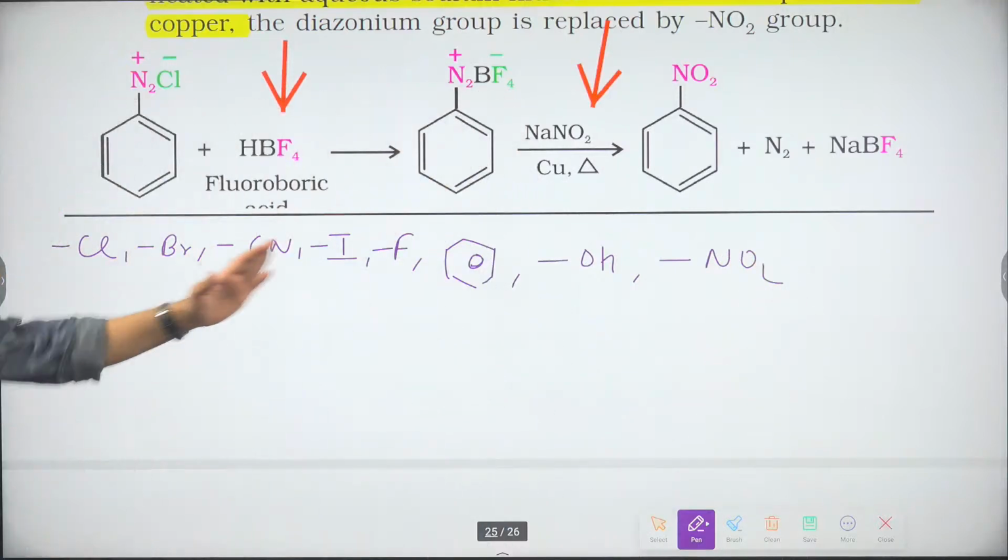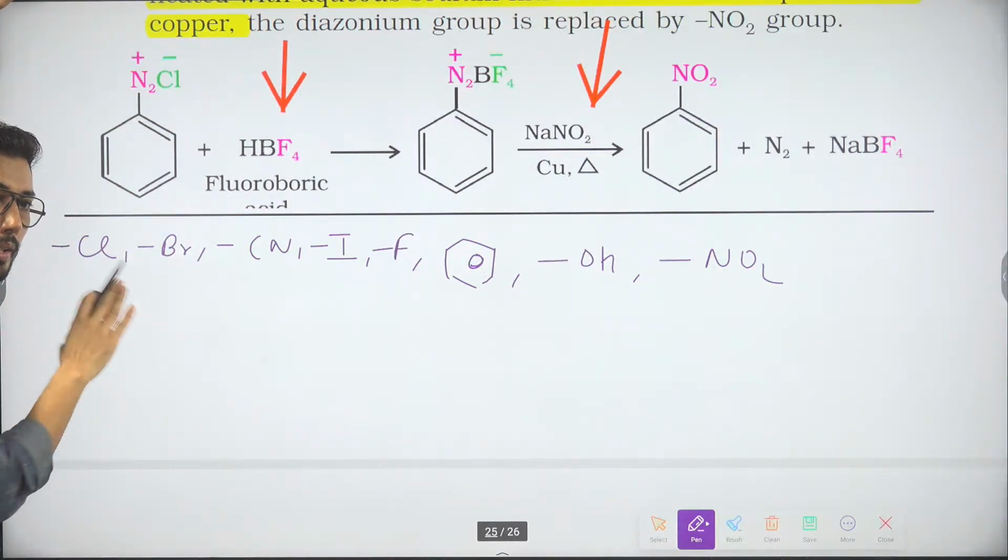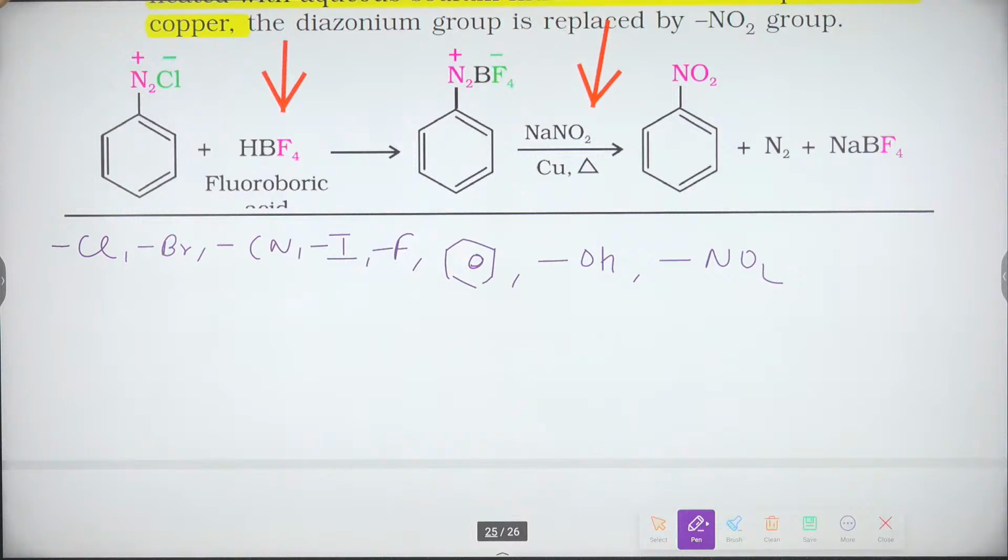Observe, so many conversions are given. If you remember these direct reactions, which is purely the learning part, nothing involves any detailing. So if diazonium is given, you can easily go for it if you remember those conversions.